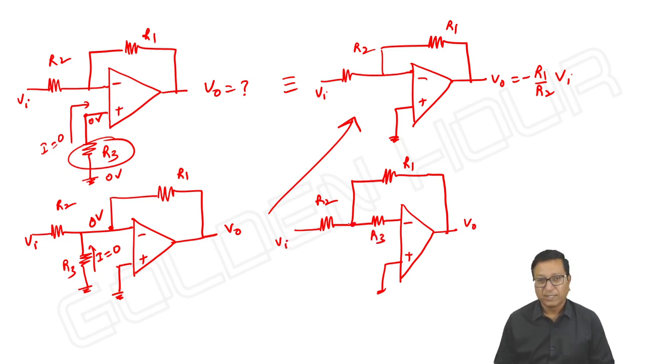See, is there any current that is possible into the input terminal of op amp? 0. Means the voltage here and the voltage here are one and the same. So due to virtual short, it is 0 volts, means here also it is 0 volts. If that is the case, what is the voltage here? 0 volts only. So R3 does not play any role. I need not worry about this.